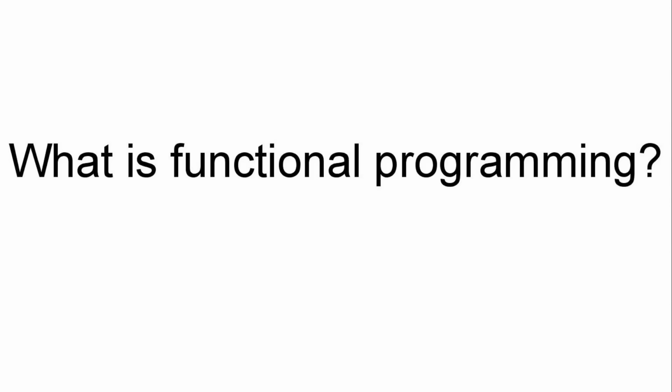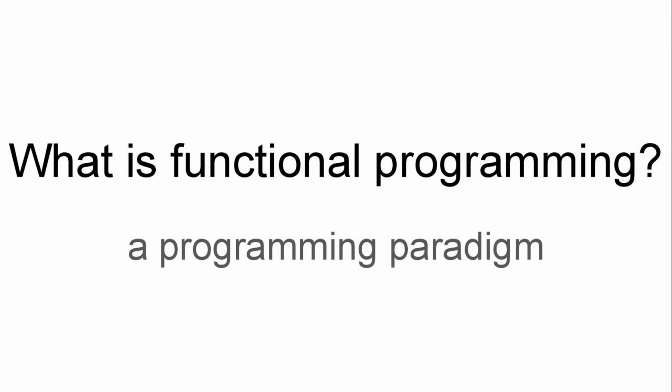So what is functional programming? A few different ways that question can be answered. First of all, it's a programming paradigm. Some other paradigms are imperative programming, where you say, do this and then do that, or object-oriented programming, where maybe a lot of you write object-oriented JavaScript, where you have objects and they have methods on them and you change them, et cetera.